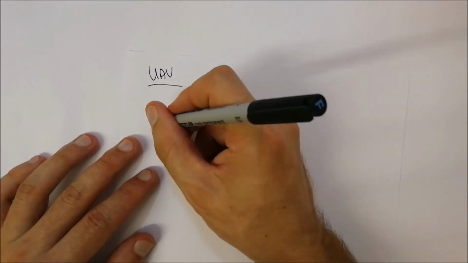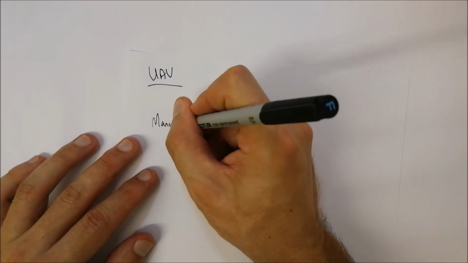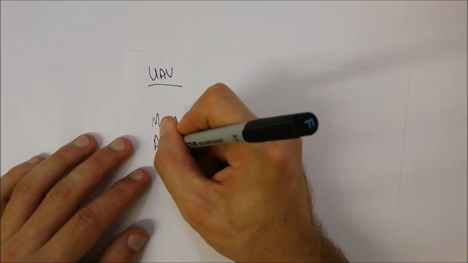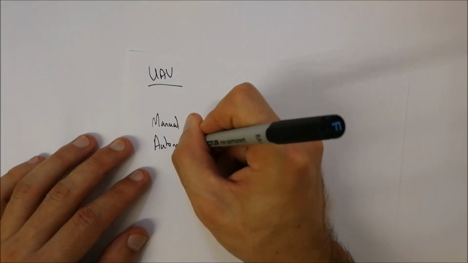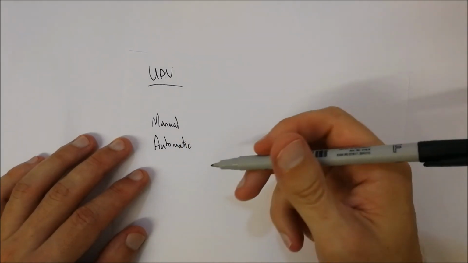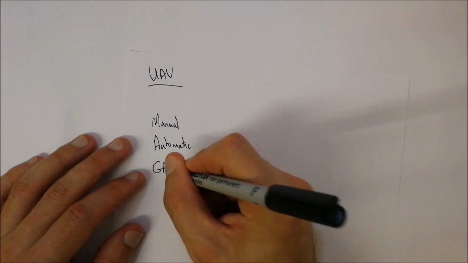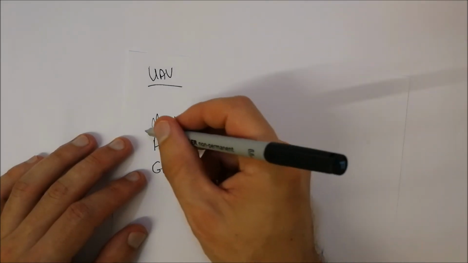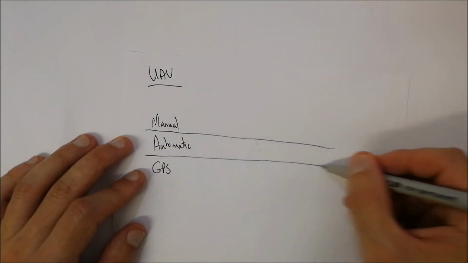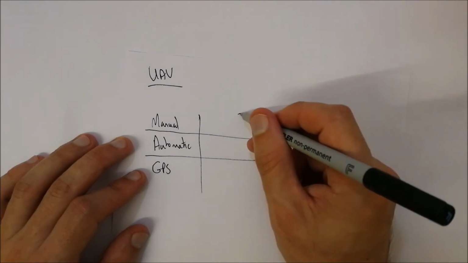We had one that's our manual mode, we had one that was our automatic mode, so that was looking at an autonomous flight type of thing. And then we had our GPS control flights. And we thought, oh wow, okay, that's going to be easy.